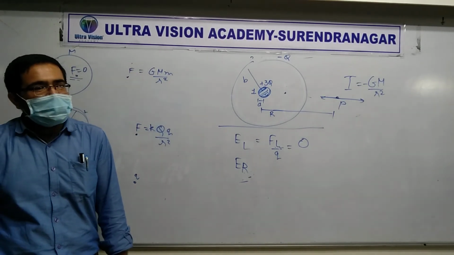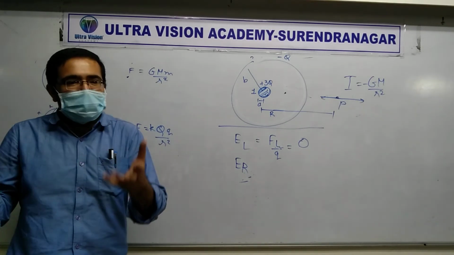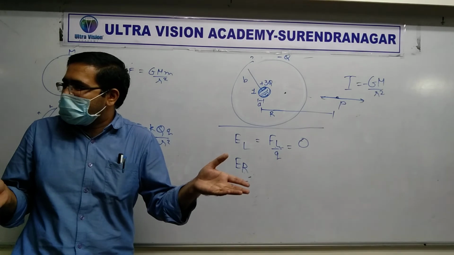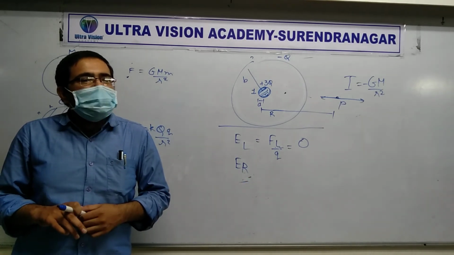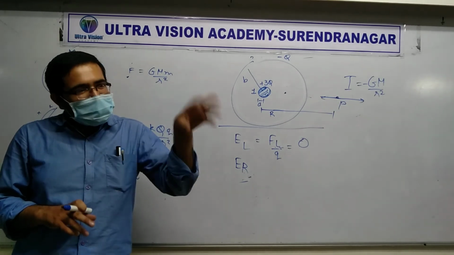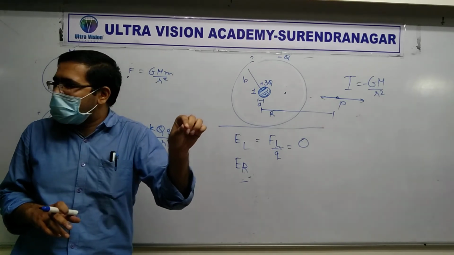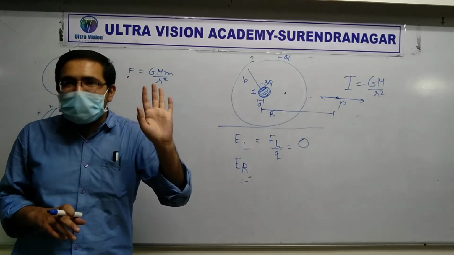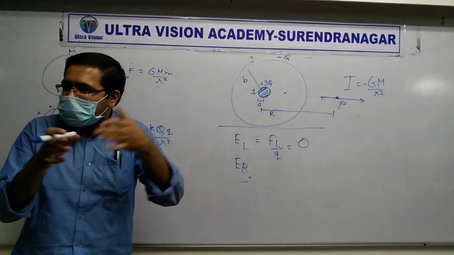Got it? Okay, that point which we are talking about is outside that right shell. Outside it, inside there. So how to do it? Assume that the shell is a point. Assume that the charge of the shell is concentrated at a point at the center. Clear or not? Can I do it? Just look at the distance.